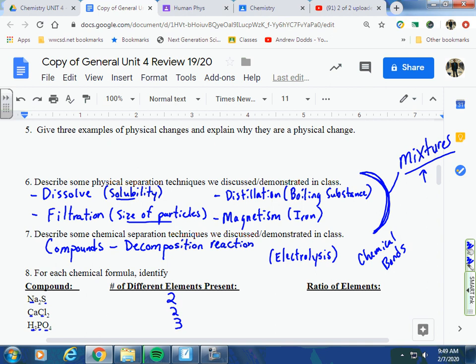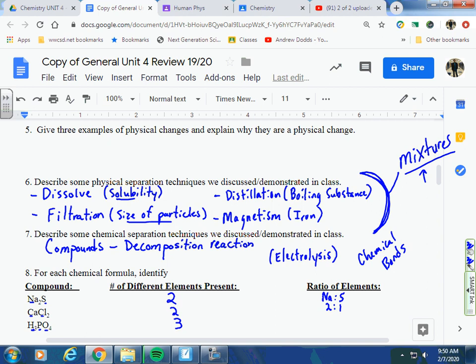If I wanted to say the ratio of sodium to sulfur, I could do Na colon S. The 2 after Na means that there are 2 sodiums, so I would put 2 for Na. And what number do we have after S? Nothing there, so what does that mean? 1. So that would be a 2-to-1 ratio.